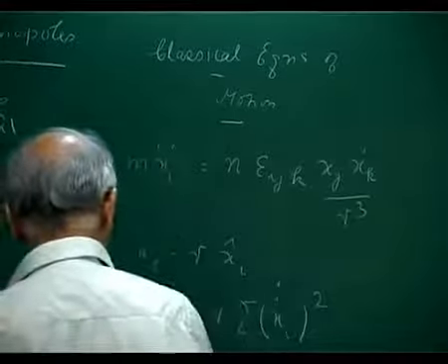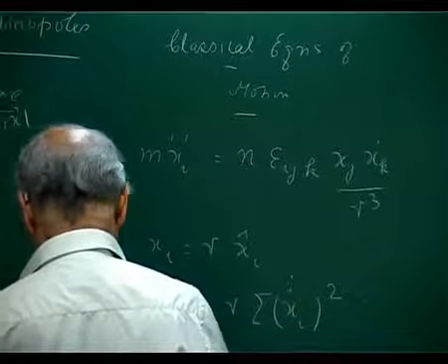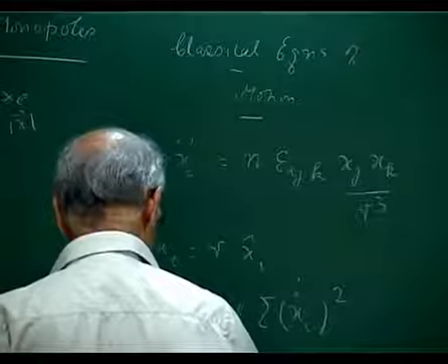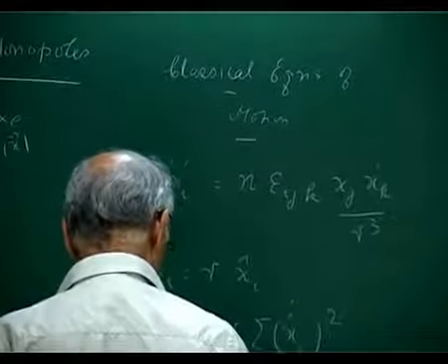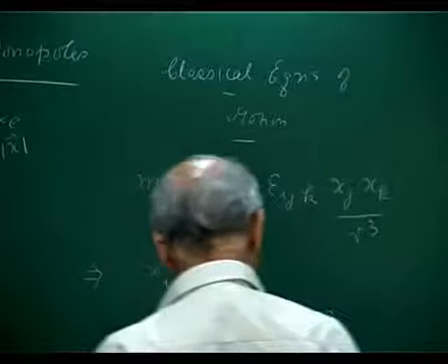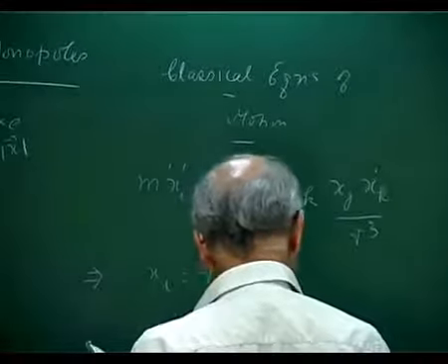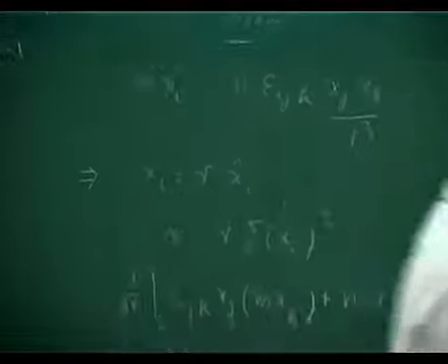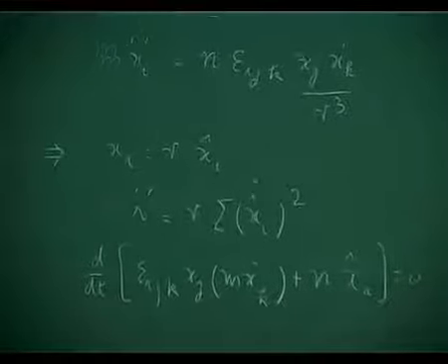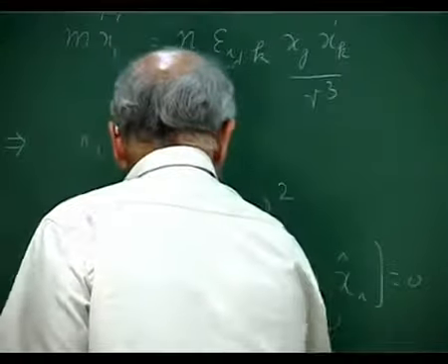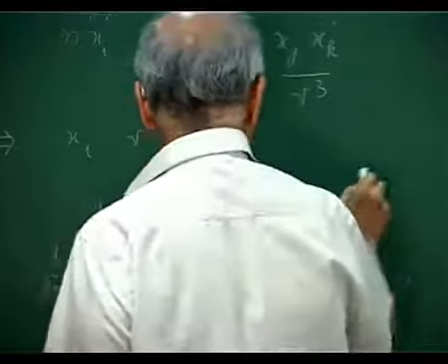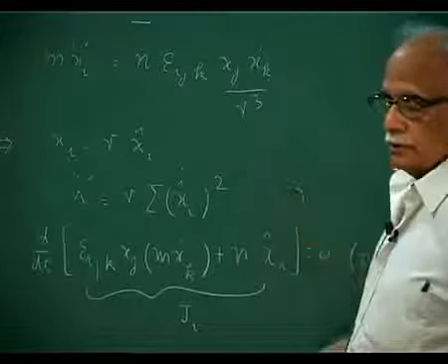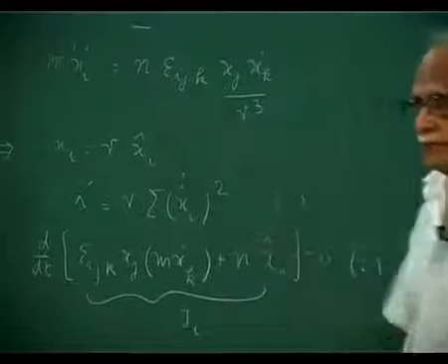Then it says d/dt of epsilon ijk x j m x k dot plus next term n times x hat i is 0. This I will call Ji. So this equation 1, this equation 2, is coming from here by substituting this here and looking at the components.